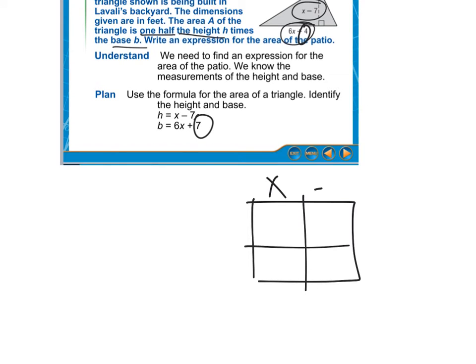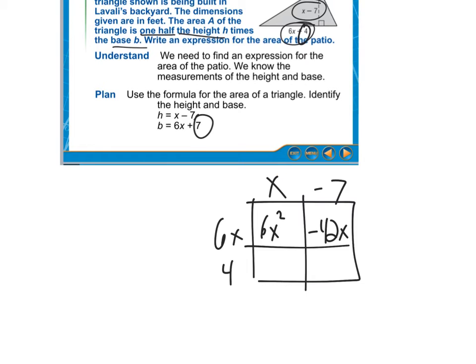I could go x and minus 7 here, and 6x and 4 here. So to fill in this first box, I'm going to take x and 6x times each other and get 6x squared. And then the next box over, I'm going to do these two. And that's going to give me my negative 42x. Those look familiar?